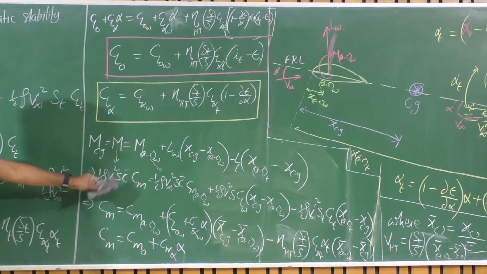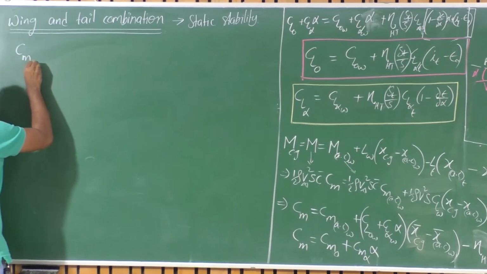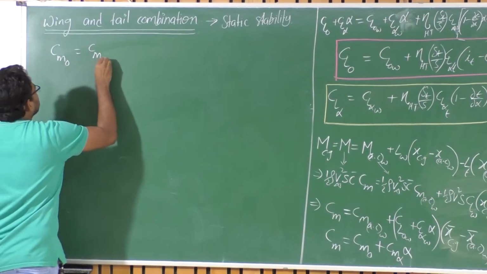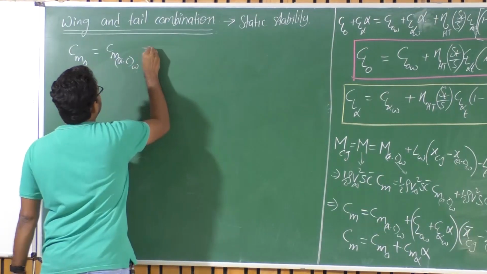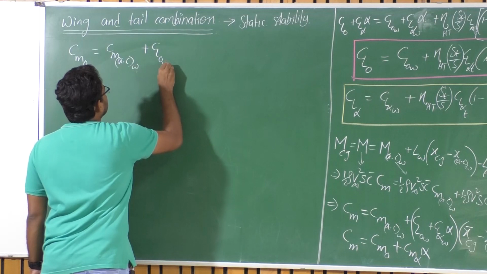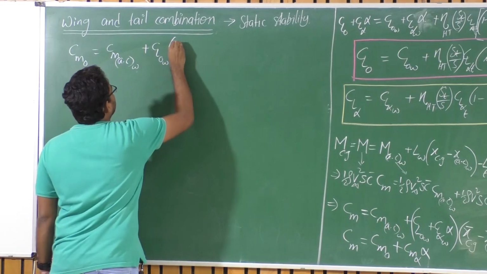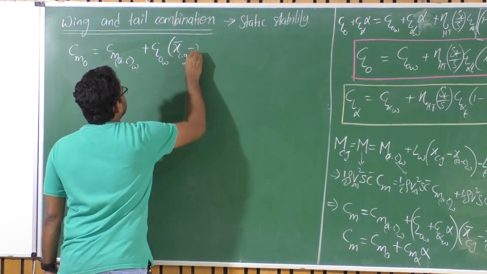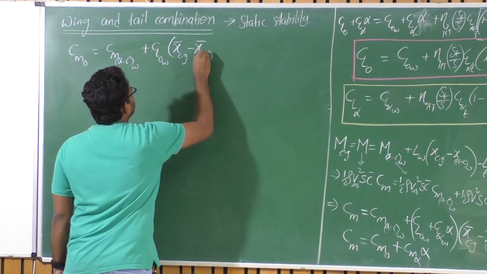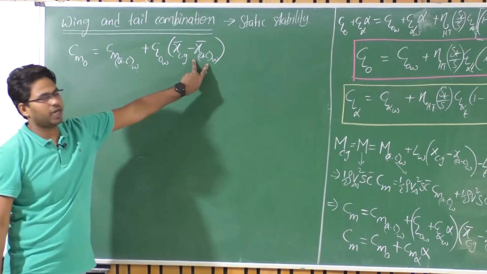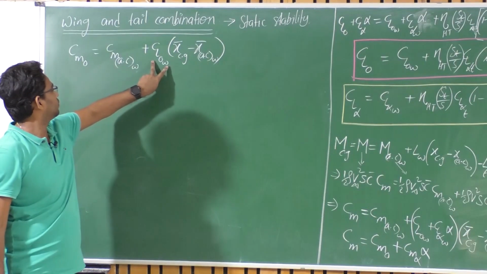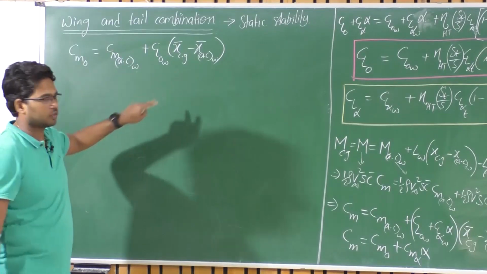Now from these two equations, comparing the constants and coefficients, what I have is Cm naught of the aircraft is Cm AC of the wing plus CL naught of wing times x bar CG minus x bar AC of wing, right?